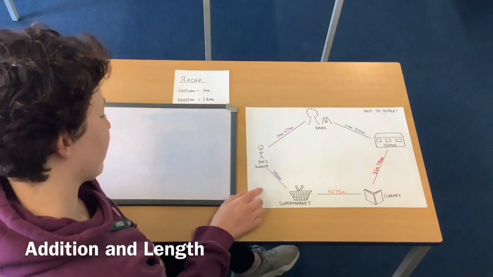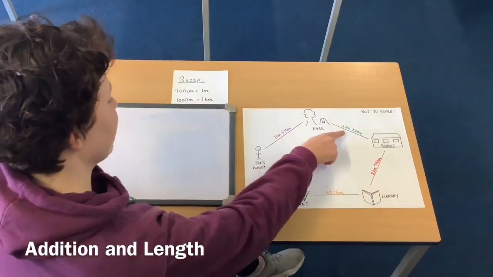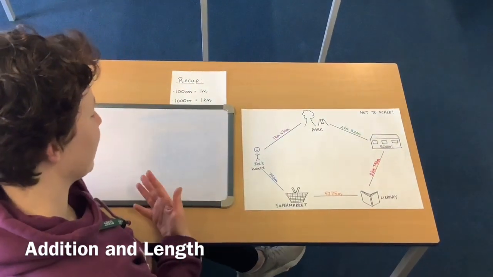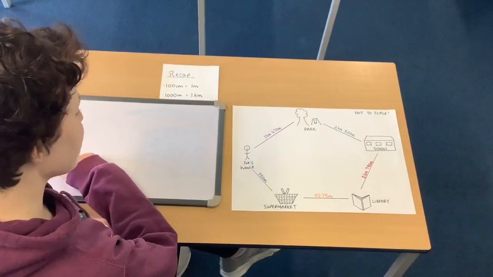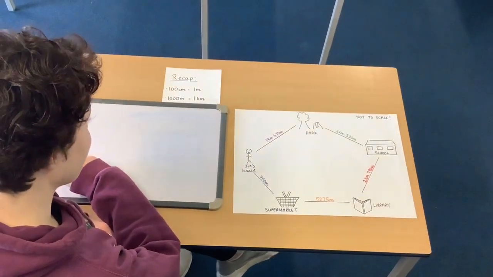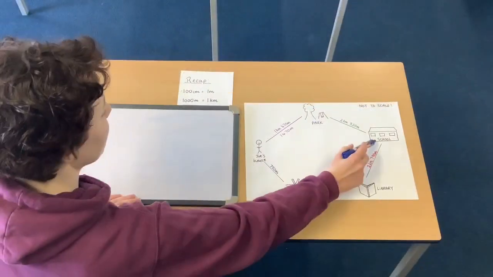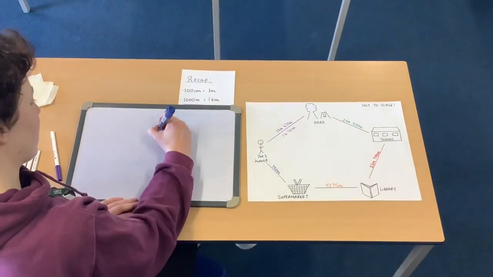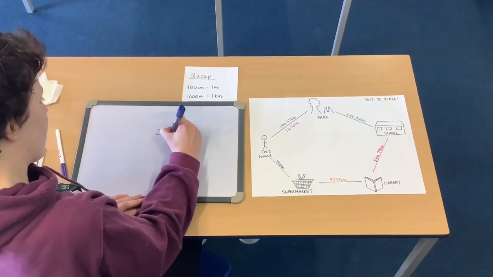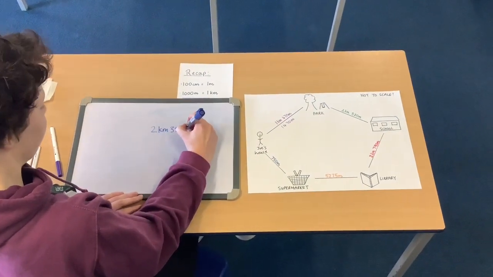The first thing we are going to have a go at is converting each of these lengths into either metres or kilometres. Feel free to pause the video if you'd like to have a go at this independently before we go through the answers together. So from the park to school is 2 kilometres and 320 metres.